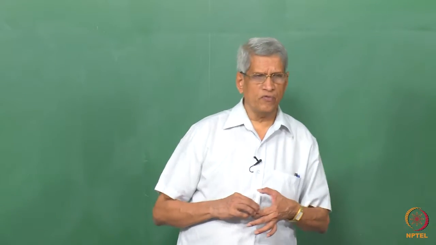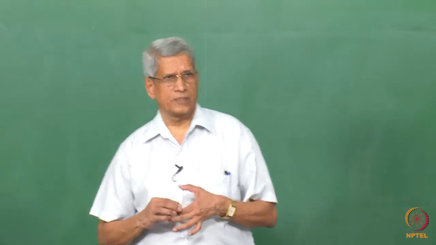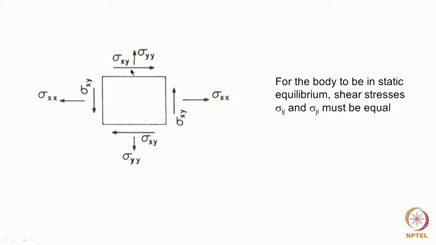So far what we have defined is 9 components, especially the shear stresses, sigma xy, which is shown being applied in this direction, and sigma yx, which is being applied in this direction. If their magnitudes are not the same, there can be a net moment and a rotation can come.